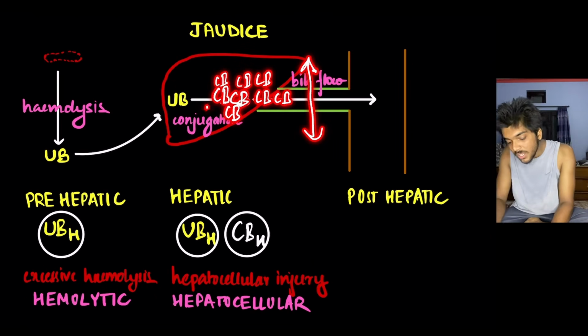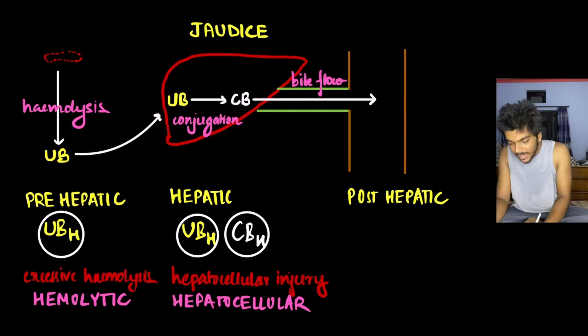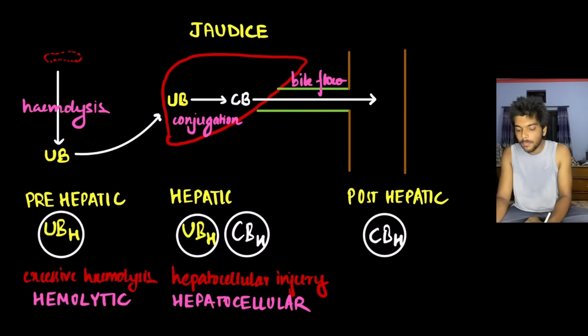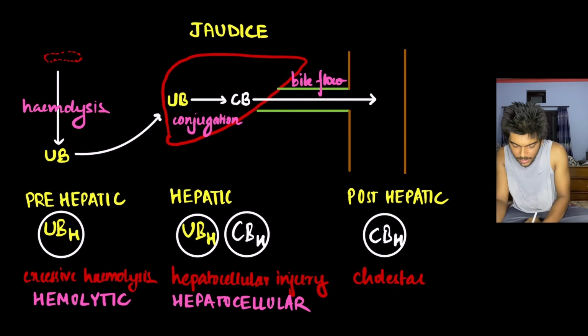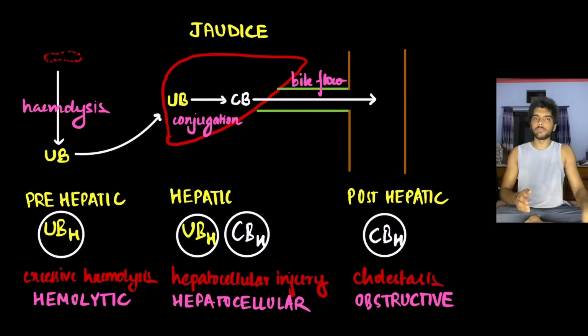So all this conjugated bilirubin will be expelled back into the circulation, resulting in conjugated hyperbilirubinemia. The reason behind it is obstruction of the bile flow, also referred to as cholestasis. That's why we call it obstructive jaundice as well. That's it. So there are 3 types of jaundice.